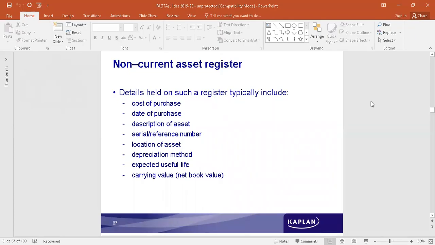What are the details that are held in such a register typically? We would have the details about these non-current assets, PPE, property, plant, and equipment: the cost of purchase, the date on which the asset is purchased, the details of the asset, the description, the serial reference number, the location of assets, and then we look into the depreciation.